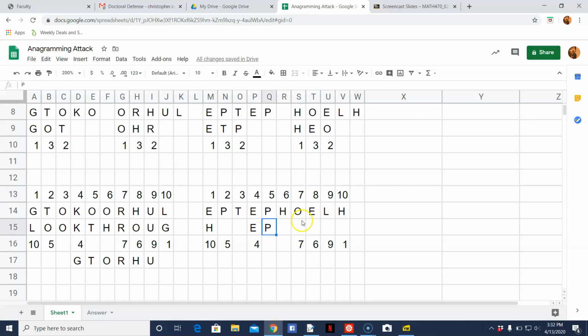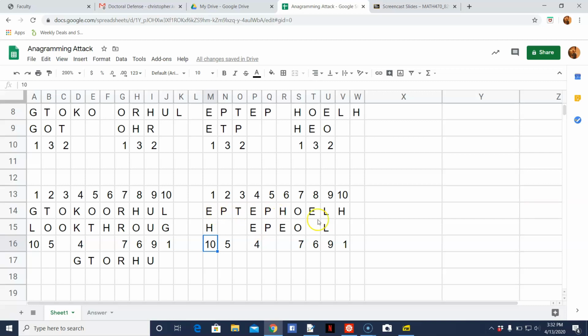Okay, 7 stays the same. All right, 8 gets mapped to 6. All right, 9 stays the same. And then 10 gets mapped to 1, as we already said. Okay, so this is looking good.